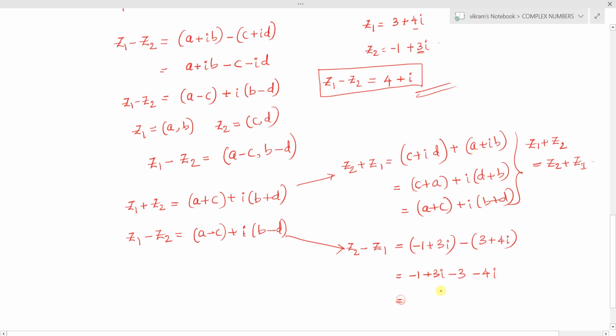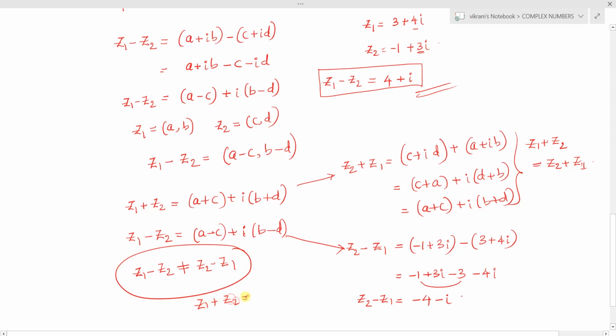Then the resultant is minus 1 minus 3, adding the real parts, minus 4, and 3i minus 4i is minus i, which is equal to z2 minus z1. But here we get z1 minus z2 as 4 plus i, but z2 minus z1 is minus 4 minus i. So from this we can conclude that z1 minus z2 is not equal to z2 minus z1, but z1 plus z2 equals z2 plus z1.